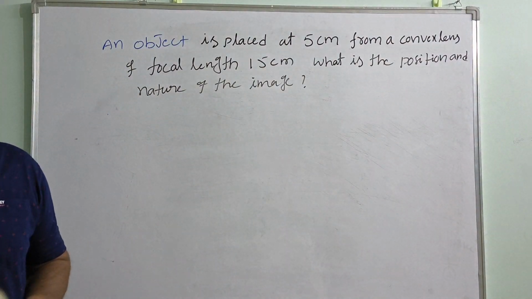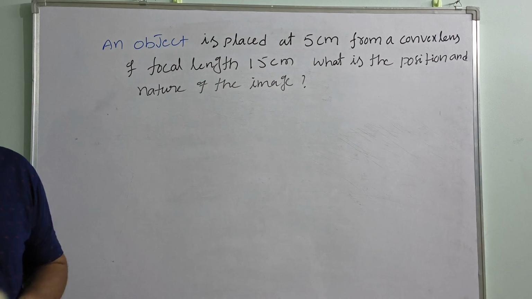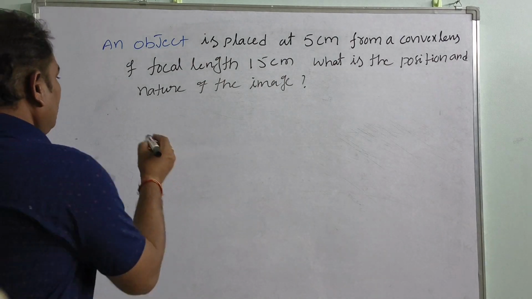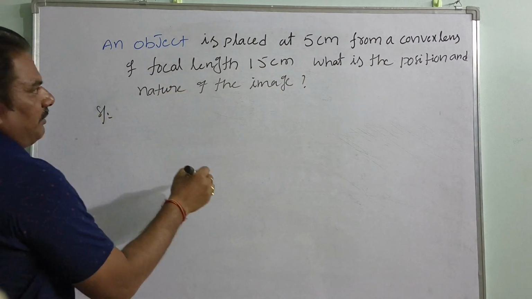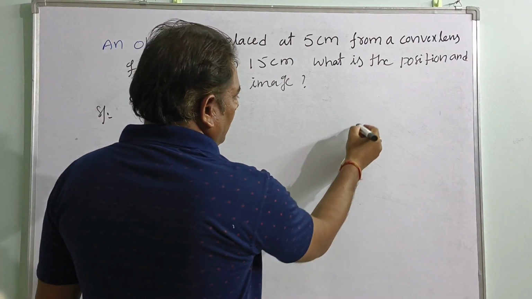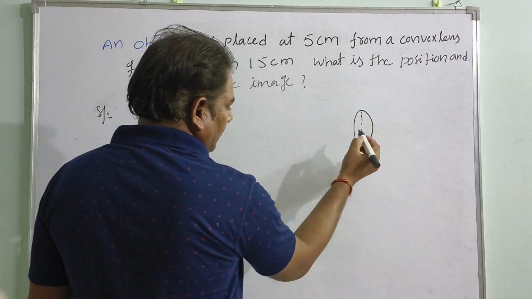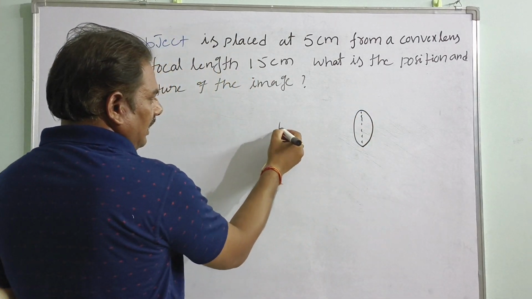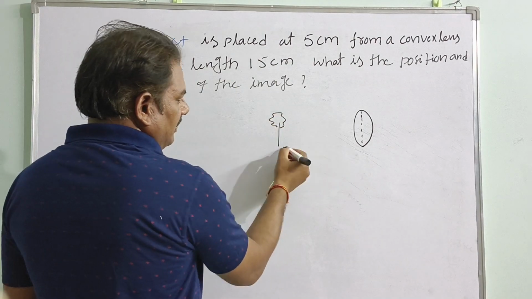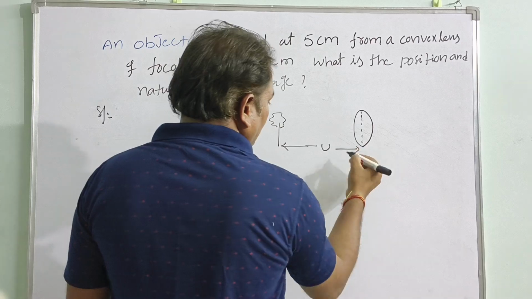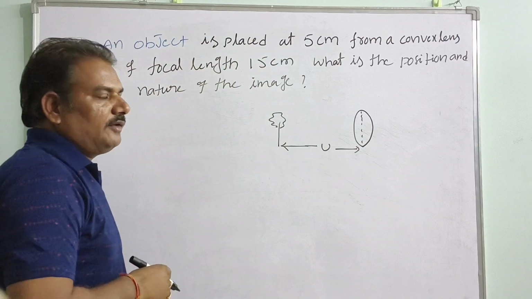So, an object is placed at 5 centimeters from the convex lens. This is the convex lens. An object which is placed in front of the convex lens is represented by u.